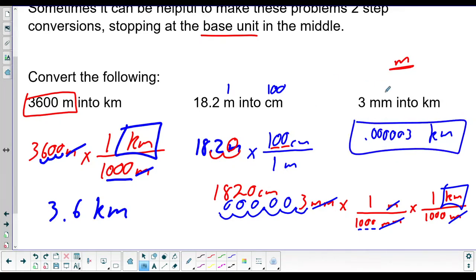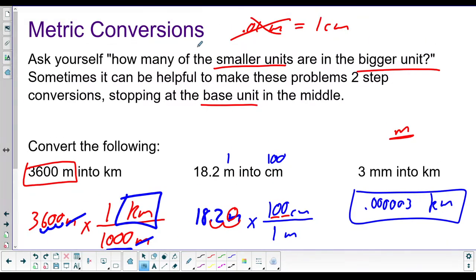This example is just to show you the worst it could probably get as far as metric conversions go. Notice that when we are doing metric conversions, where we're just going from meters to centimeters, this works with liters to milliliters or grams to kilograms, any metric unit.